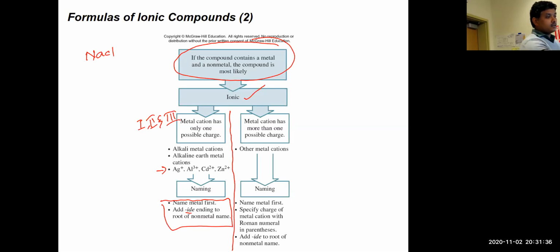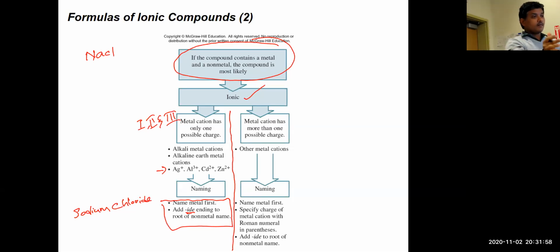How do you name it? The name of Na from the periodic table is sodium. And chlorine is a non-metal. I need to name it in the fashion of "ide." So chlorine changed to chloride. This is how I name NaCl, as sodium chloride.